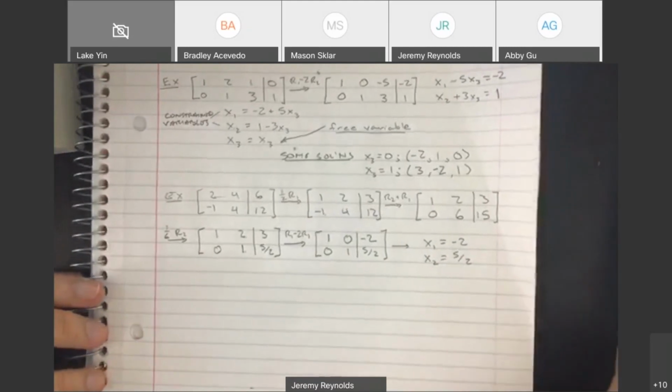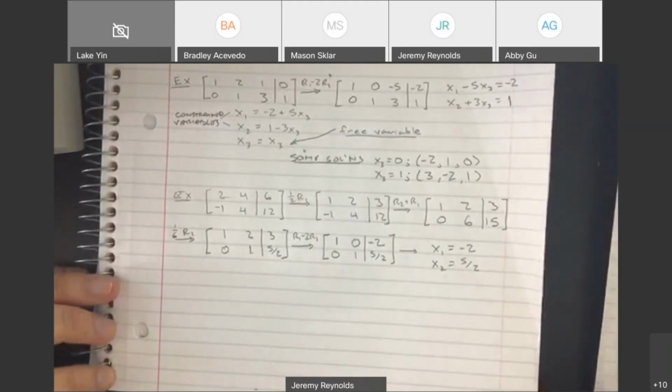The last thing that I wanted to make sure I got into is a little bit more complicated example. So I'm going to go over one more example, and this one's a little bit more complex. So let's look at our system of equations.